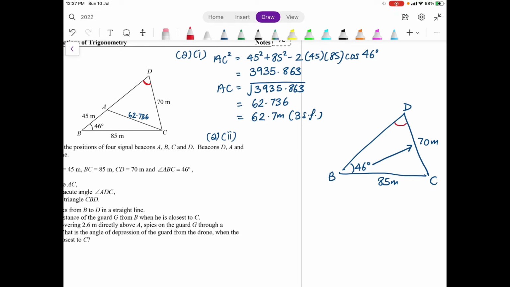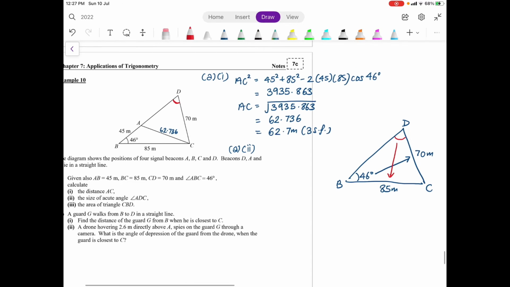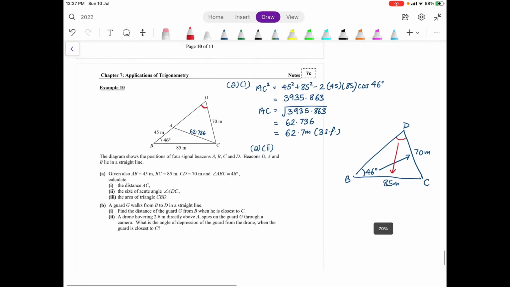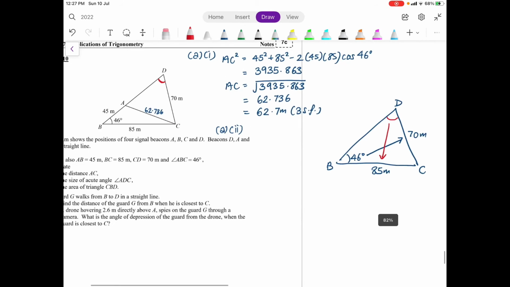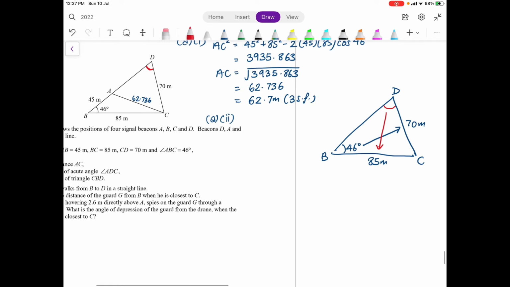Then the angle that we want to find in part 2 is actually facing 85 meters. This is obviously not cosine rule, because for cosine rule we look for two sides and one included angle, or three sides given. So this must be sine rule. We have the angle and we have the side opposite of the angle. We can apply sine rule.